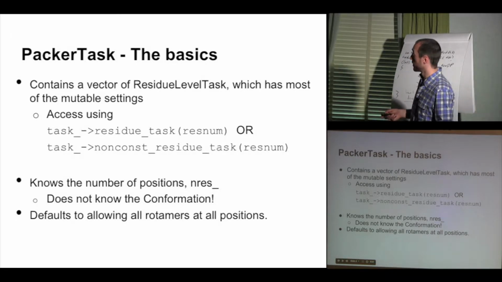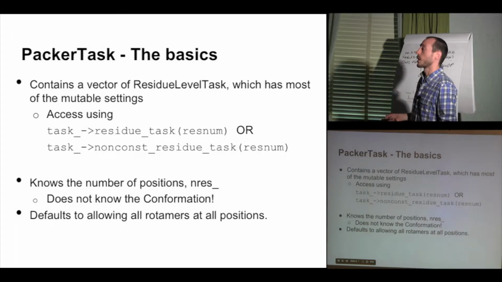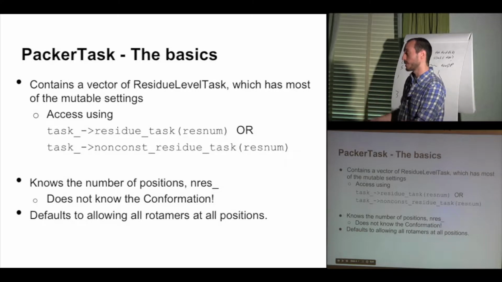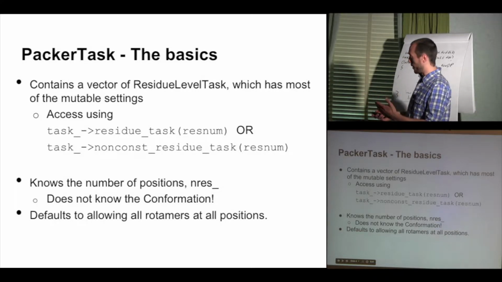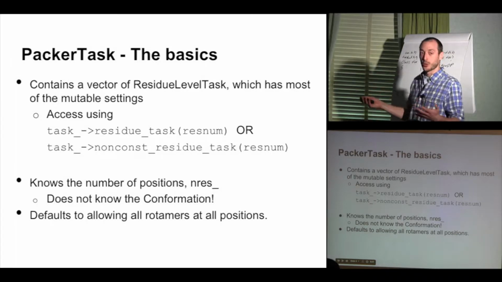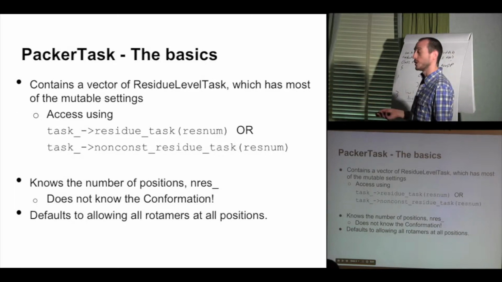Am I using conformation and pose interchangeably? If I am, then I shouldn't be. The pose contains a conformation, and the conformation is what actually has the details, as Angie pointed out, so the XYZ coordinates of particular residues and atoms.